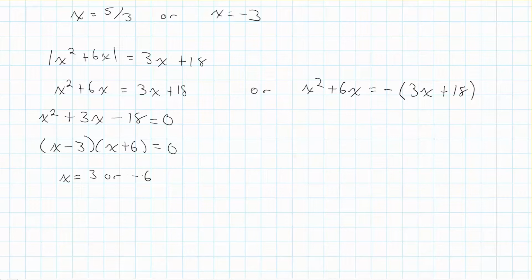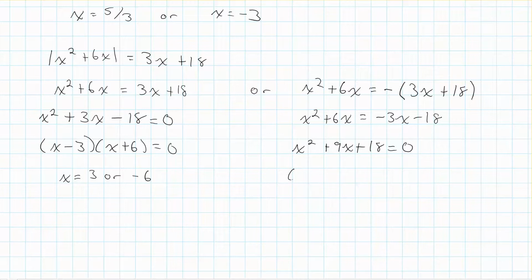So let's go over and look at our other one. This would be x squared plus 6x. Then I'm going to distribute that negative sign. So this is equal to negative 3x minus 18. And then again it's quadratic, so I'll move everything to one side. So I have x squared plus 9x plus 18 is equal to 0.